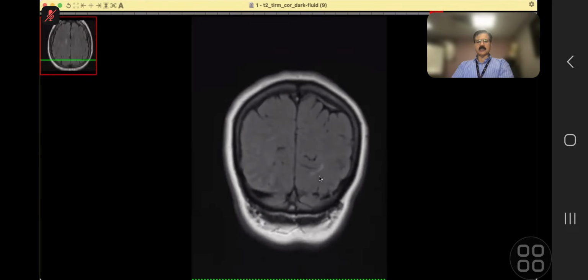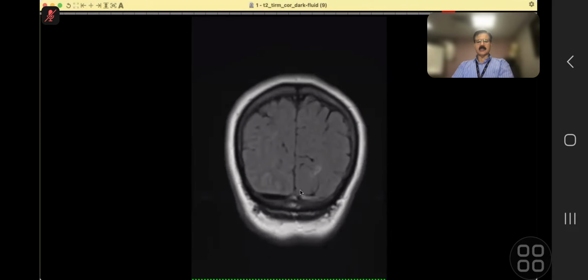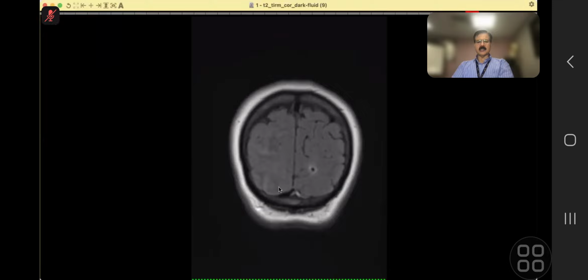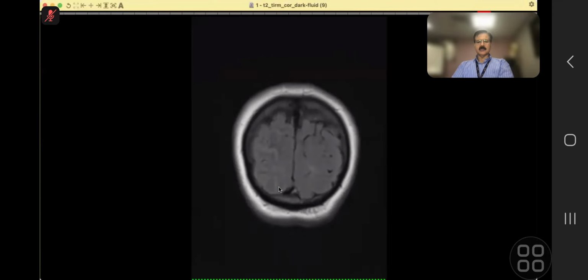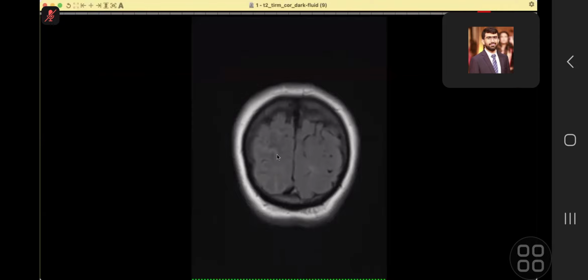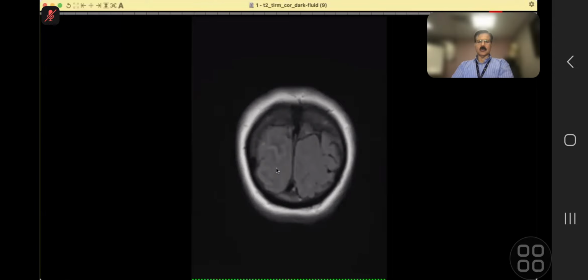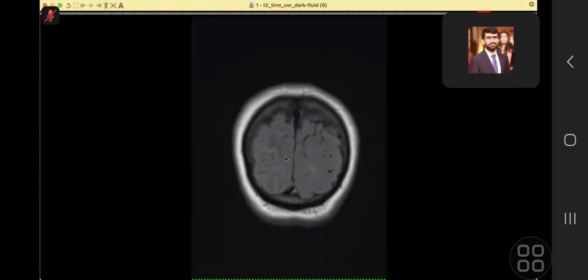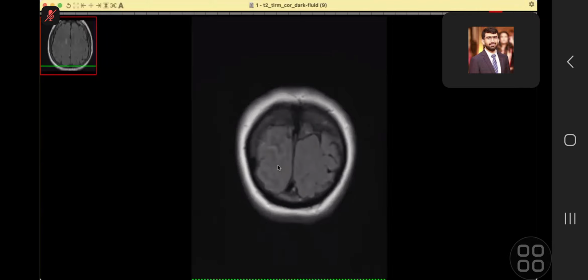Look at the other side, please. This side, yes. So this is a slight hyperintense signal. So what do you think it is? Normal, abnormal? It is abnormal because it's not symmetrical.